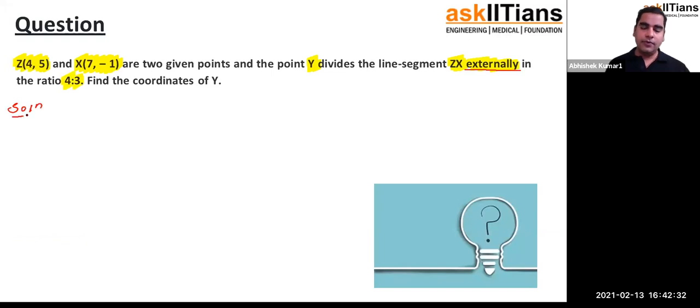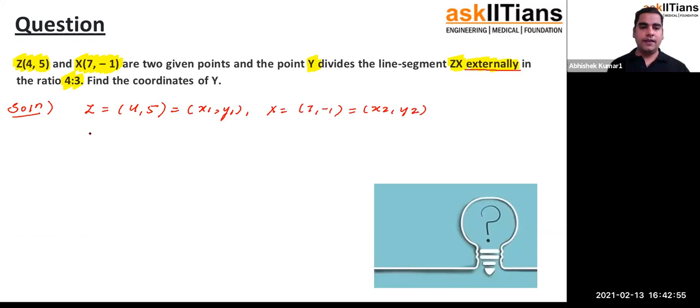Let us see what all we are provided here. I am provided the coordinates of Z, which are 4, 5. This denotes the values of x1, y1. Apart from this, you have the coordinates of point X that are 7, minus 1. These two values denote x2, y2.